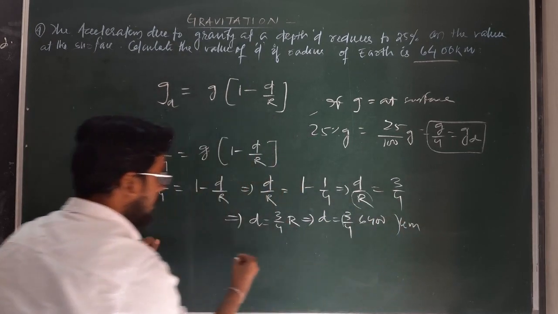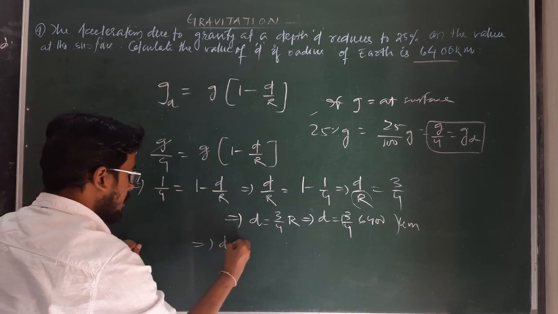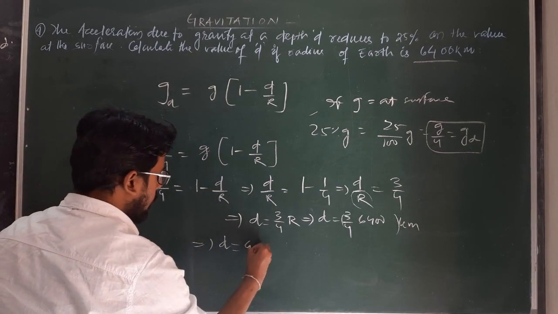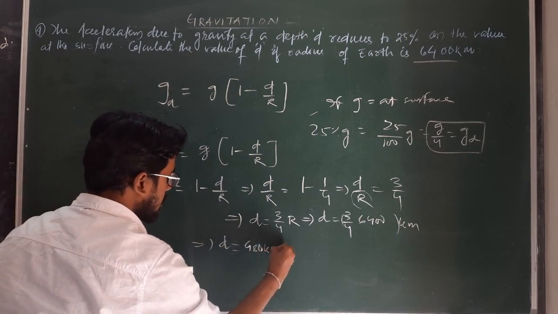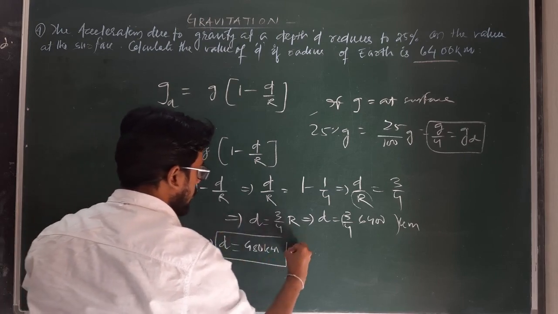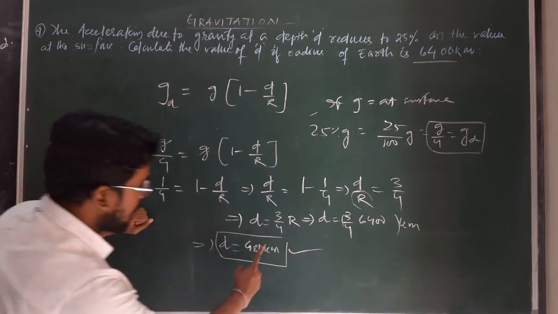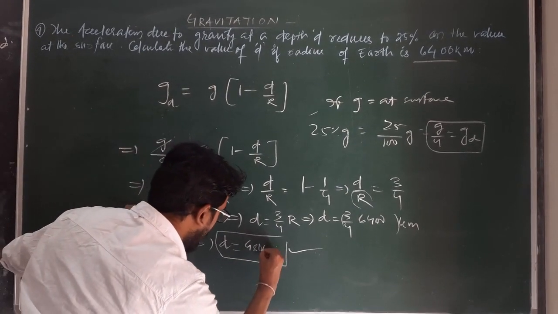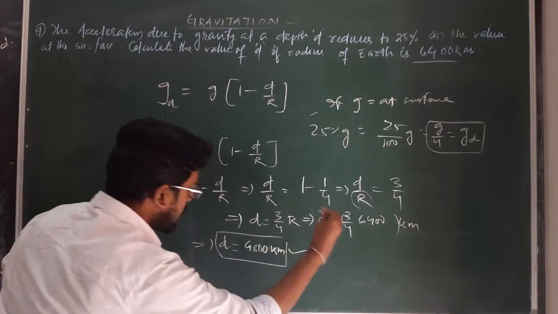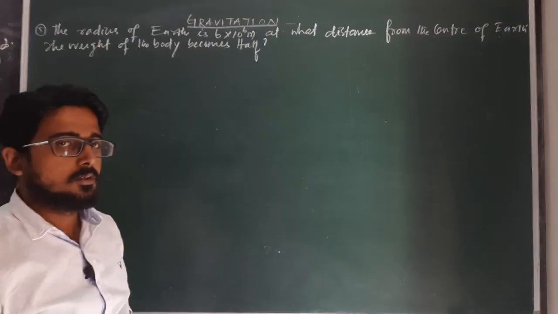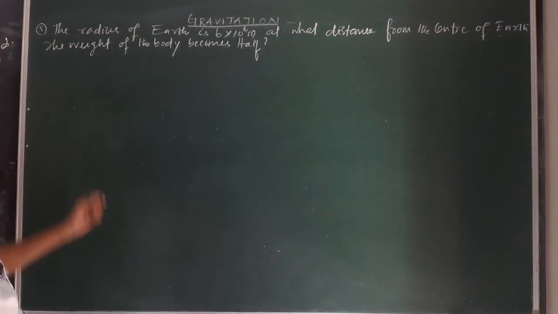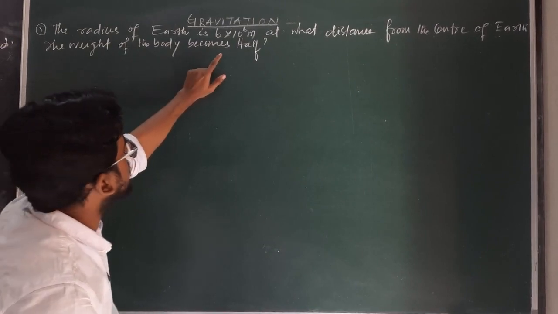So by simplifying we will get d equal to 480 kilometer. Okay, this is the required answer. Sorry, it will be how much? 4800 kilometer.